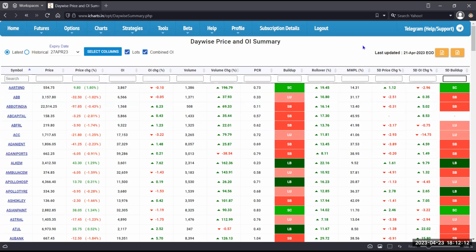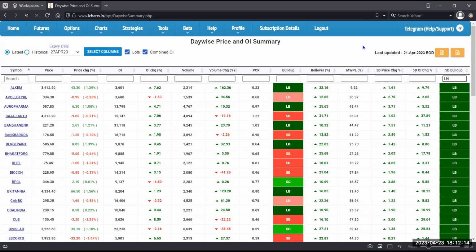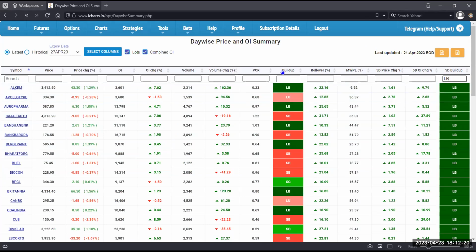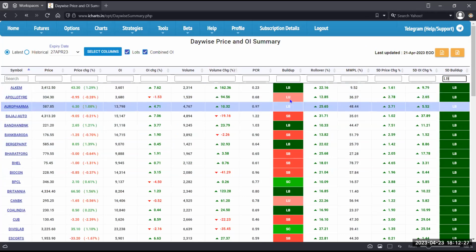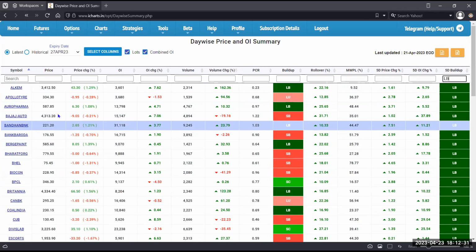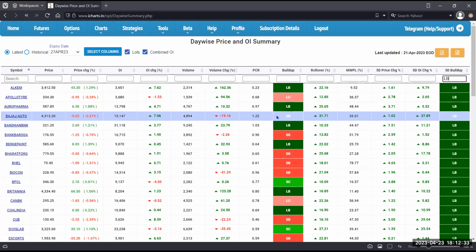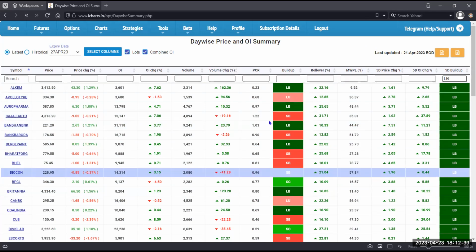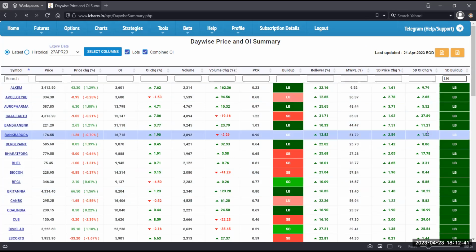For the 5-day buildup, you can see which ones are in long buildup. And then you can look at which are in long buildup for the current day, or even long unwinding is fine, because this could be a small pullback. Even short buildup you can check. You can drill down here and see what exactly is happening to the last few days buildup.